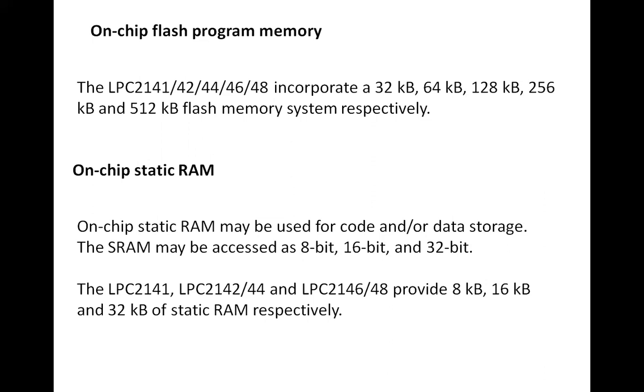As memory increases, the cost of the processor also increases. You only have to take care of what your requirement is. According to your requirement, you can choose the internal memory. Otherwise, external memory slots are available for your use.